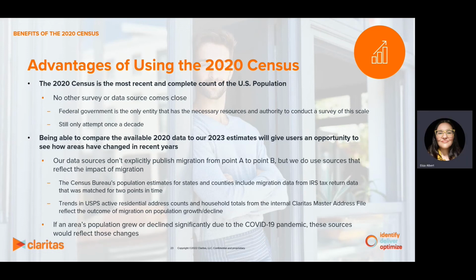Also, trends in USPS active residential address counts and household totals from the internal Claritas master address file reflect the outcome of migration on population growth and decline. So, if an area's population grew or declined significantly, especially due to the COVID-19 pandemic, these sources would reflect those changes. So it's a great opportunity to start to look at that.